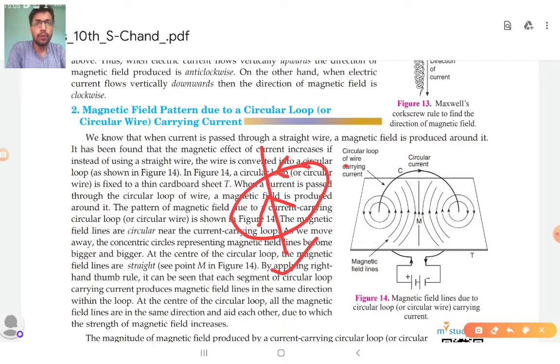Now the magnetic field pattern due to a circular loop. When we turn a wire in a circular way and convert it into a circular loop, it also generates a magnetic effect, and the magnetic field pattern is like this.